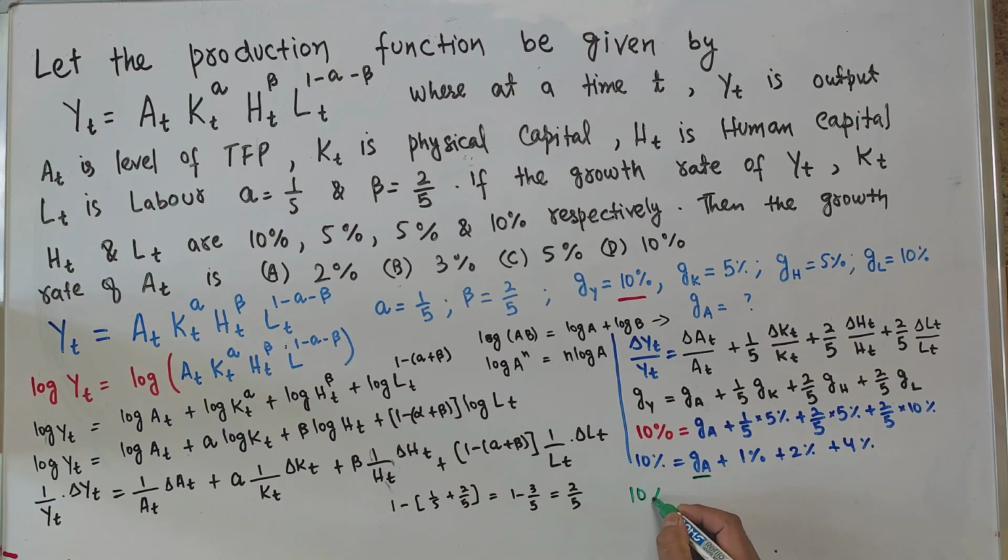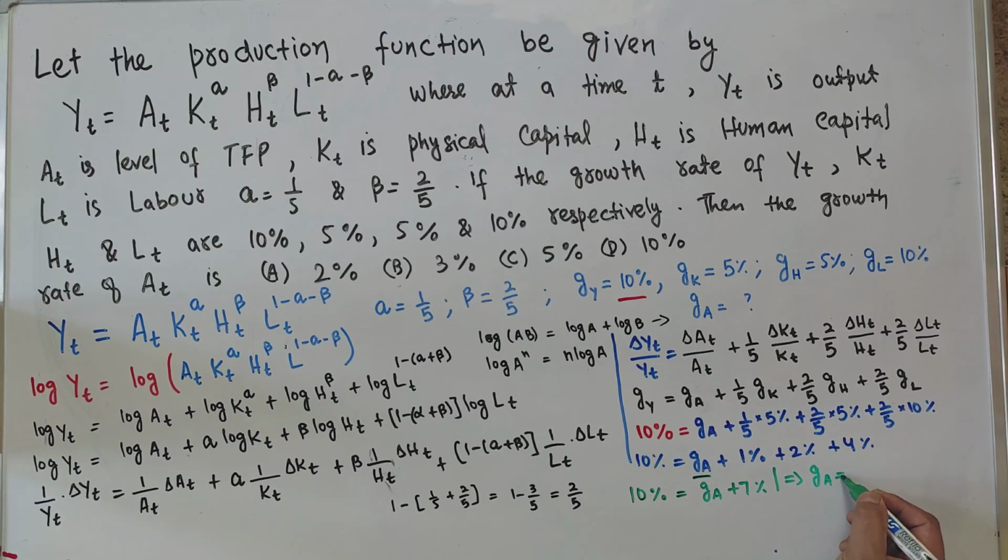So 10% is equal to GA plus 7%, which implies growth rate of total factor productivity will be equal to, transposing this 7%, it will get subtracted, it becomes minus 7%. That means growth rate of productivity will be equal to 3%.